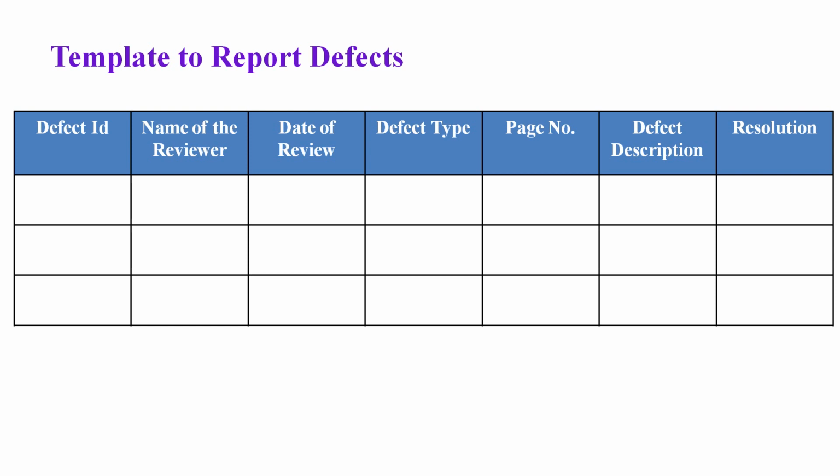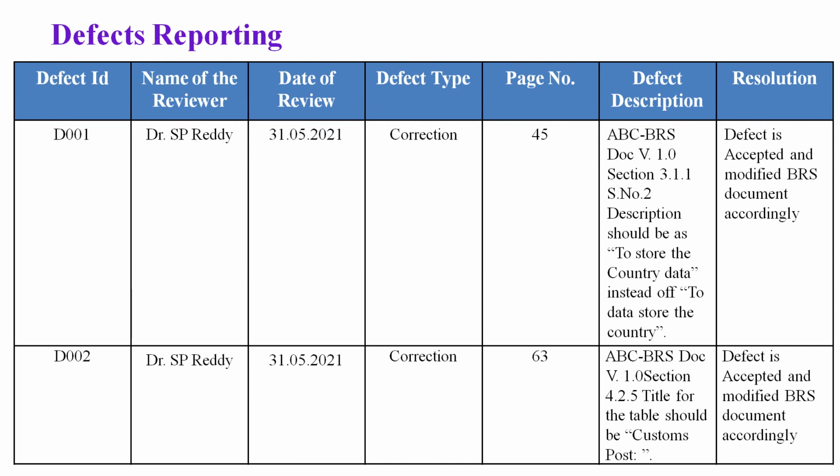This is the template to report the defects. Now I will take real-time examples and explain the defect reporting. Here the defect ID is D001, and that ID number should be unique.